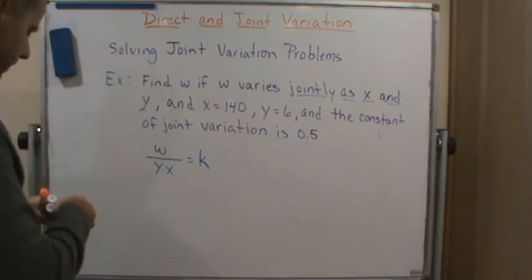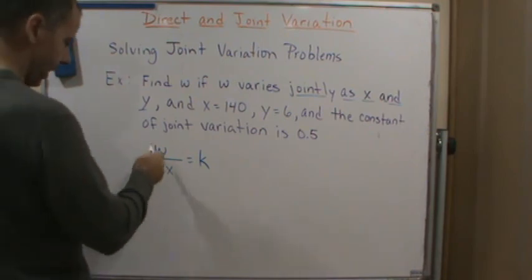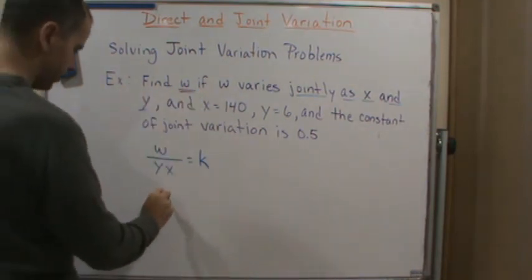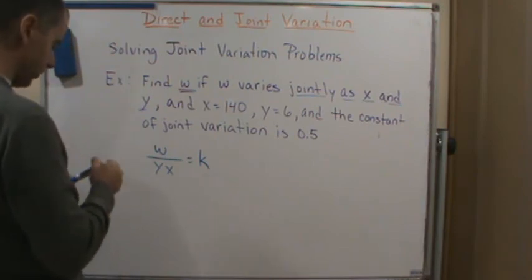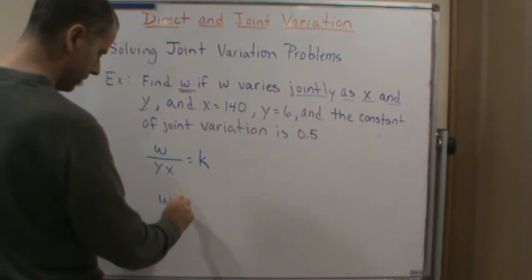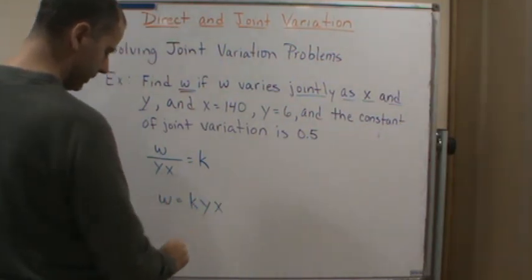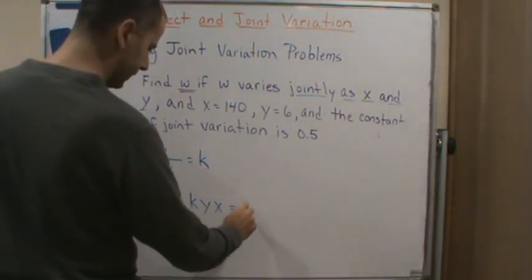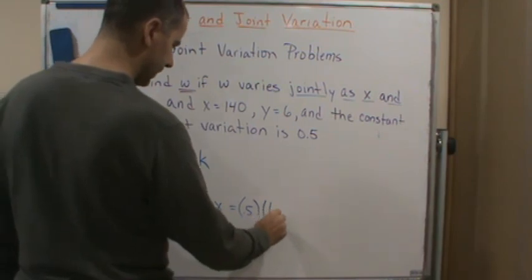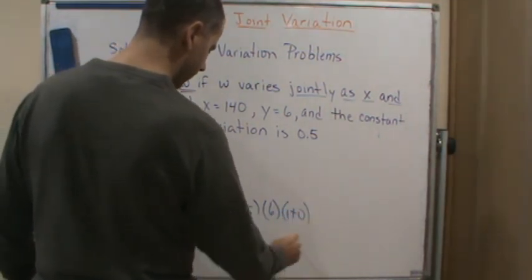So guess what? I'm solving for W, right? They want me to find W. So W equals, right? So now I'm just going to rearrange this, and W equals K times Y times X, and K is 0.5, Y is 6, and X is 140.